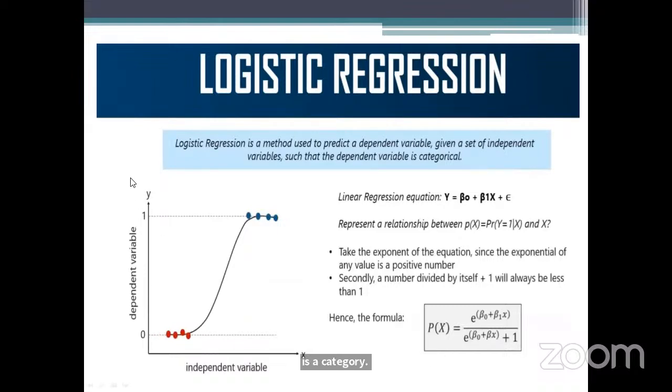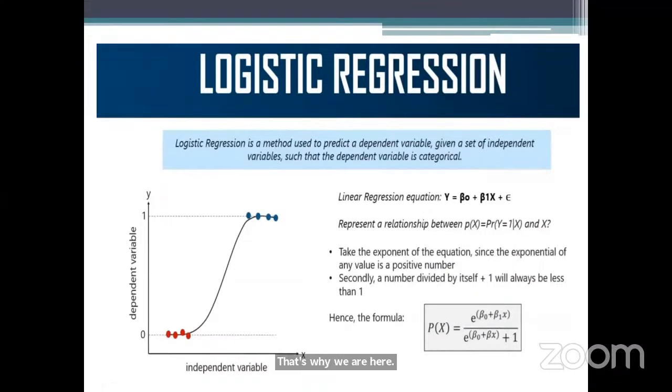So it will be a probability that ranges between 0 and 1. The value will be between zero and 1, and that's why it is formed as an S curve.